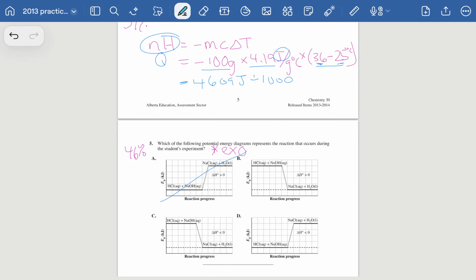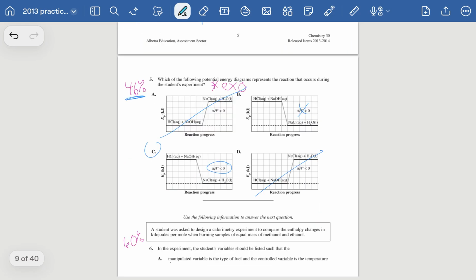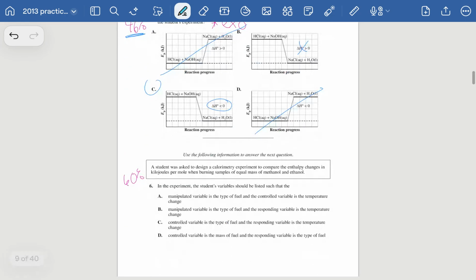So this is endo, and now we have our two exothermics, and now just noticing that if your reaction is exothermic, your delta H has to be negative, not positive. So your answer here is C, and I think that's maybe why this was tested a little bit lower than some of the other ones.